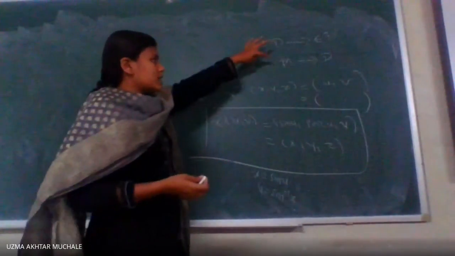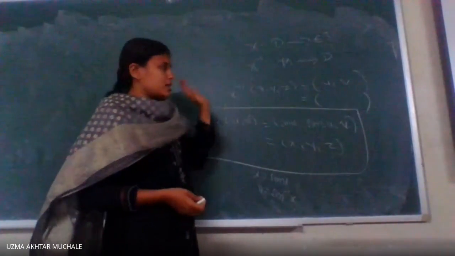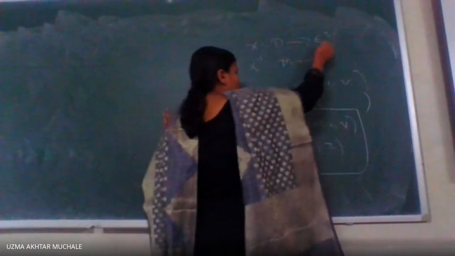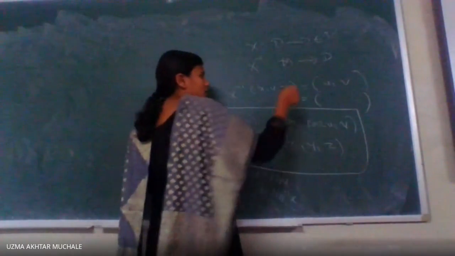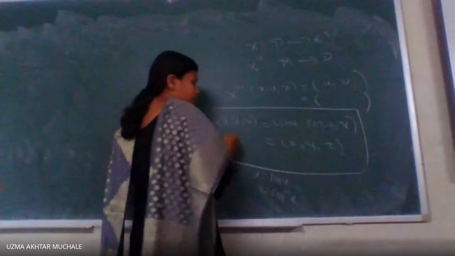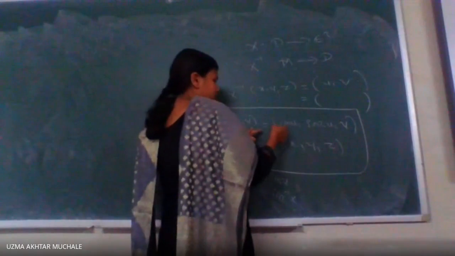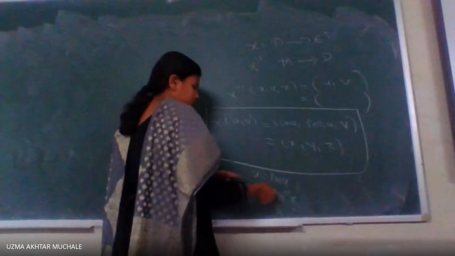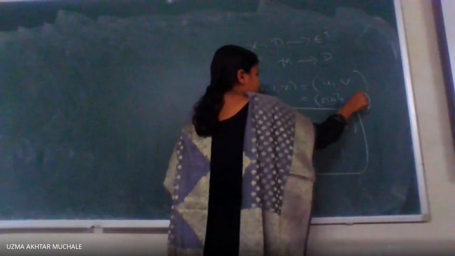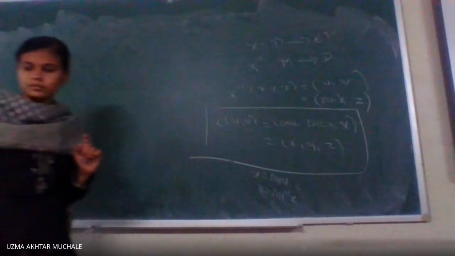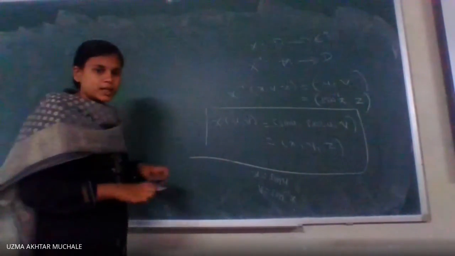Because M is a subset of E3 space. The result should be in D, hence we write it as u and v. Now how to find u and v? With the help of the given mapping. So x is equal to sin u, hence u is equal to sin inverse of x. And v is nothing but z. Have you understood this part, everyone? Yes, ma'am.